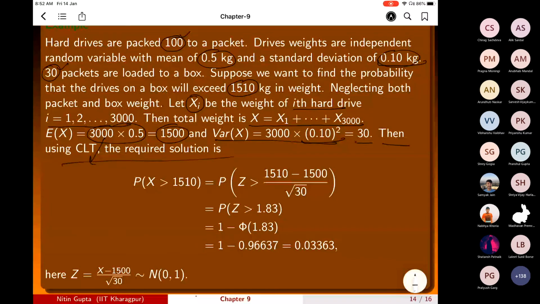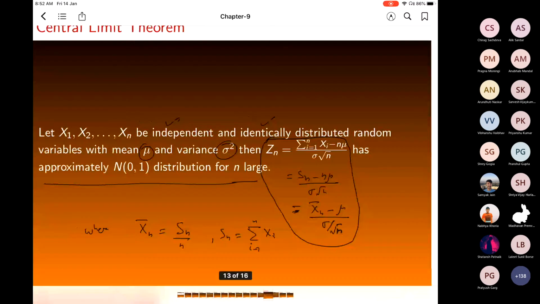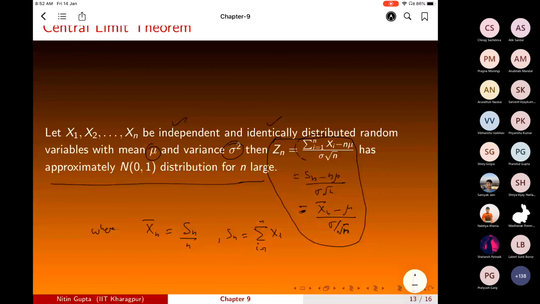Then using the central limit theorem, the required probability is the probability that X is greater than 1510. Using the central limit theorem, you can write the total weight as following the standard normal distribution. So Z is greater than (1510 minus ...), because of this (summation Xi minus n mu) by sigma root n, or (Xn bar minus mu) by sigma by root n.